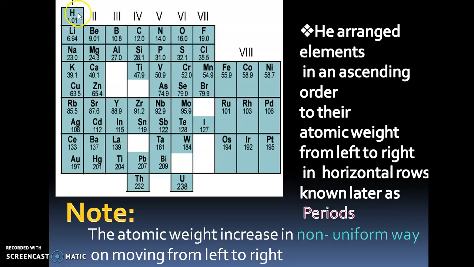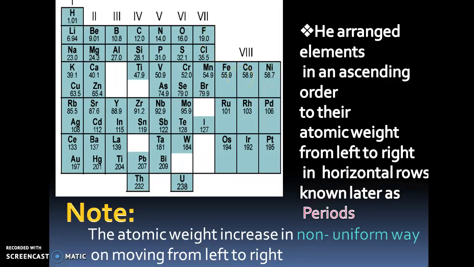So these vertical columns are known as groups and these horizontal rows are known as periods. So as we said before, Mendeleev's periodic table was the first real periodic table made.